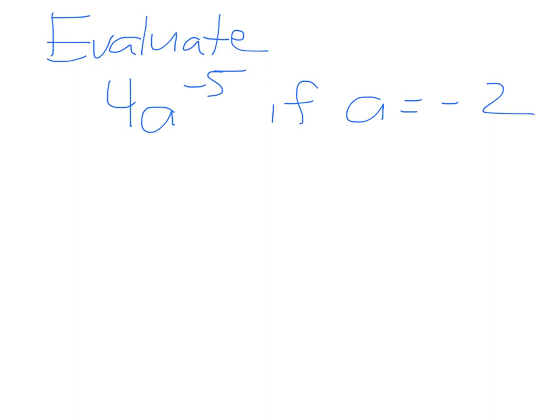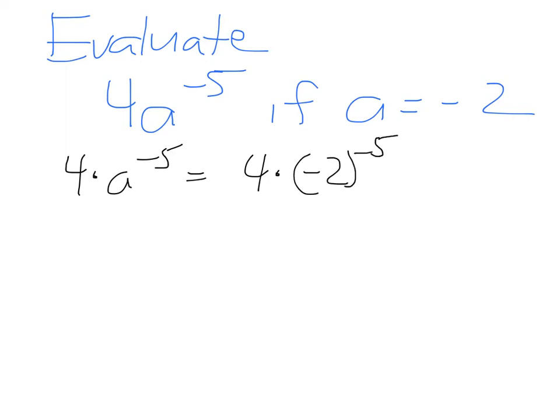So this problem truly says 4 times a to the negative fifth, which becomes 4 times negative 2 to the negative fifth, which is 4 times 1 over negative 2 to the fifth. Well, negative 2 to the fifth is just negative 32.